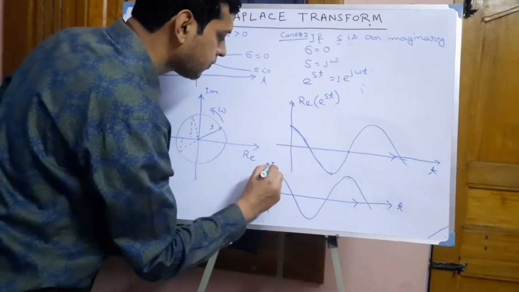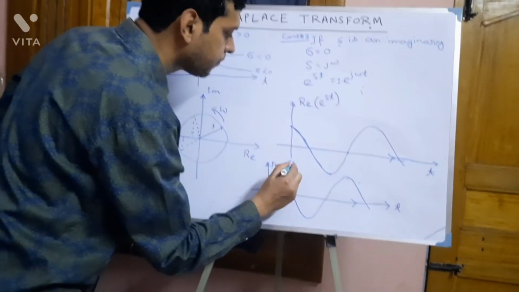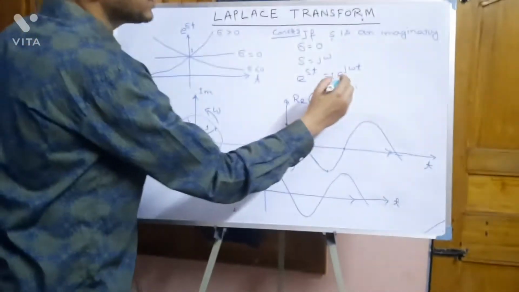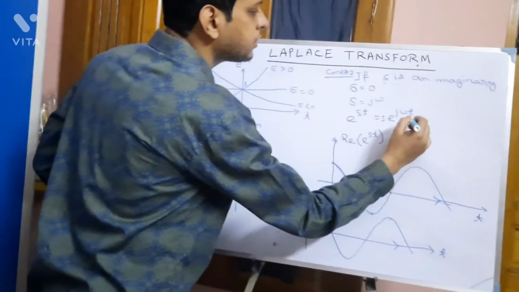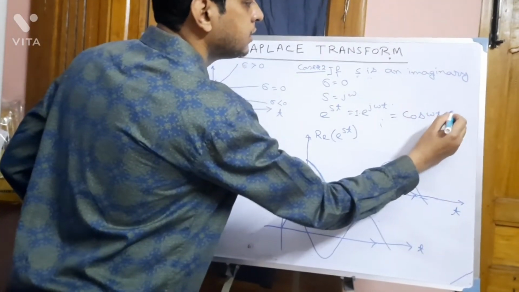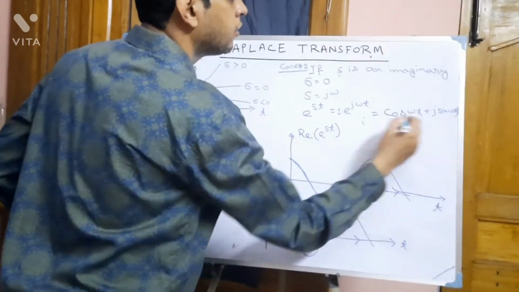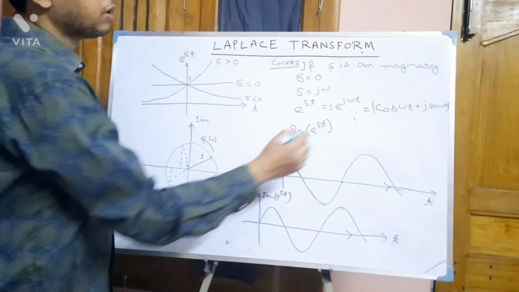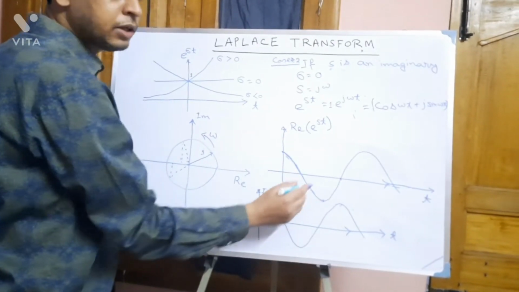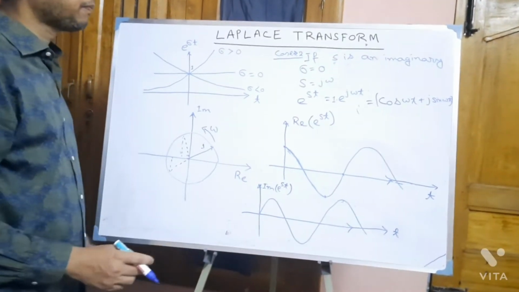This is the imaginary part of e to the power st. And we all know from Euler's equation that e to the power j omega t is equal to cos omega t plus j sin omega t. So the real part of e to the power st will be cos omega t, and the imaginary part will be sin omega t.